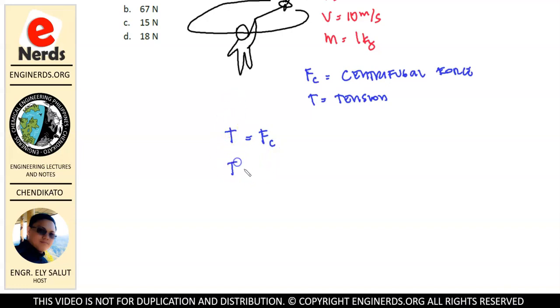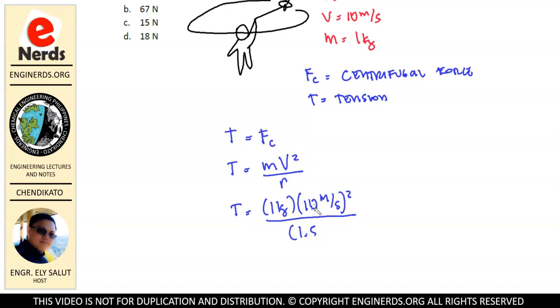So our tension is equal to mass times velocity squared over our radius. Let's substitute our values. T is equal to mass, which is 1 kilogram, times our velocity, which is 10 meters per second, squared, over our radius, which is 1.5 meters. So these are our given values.